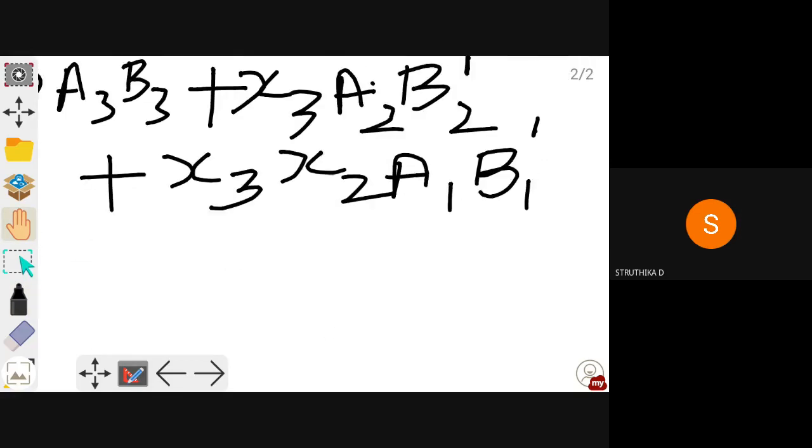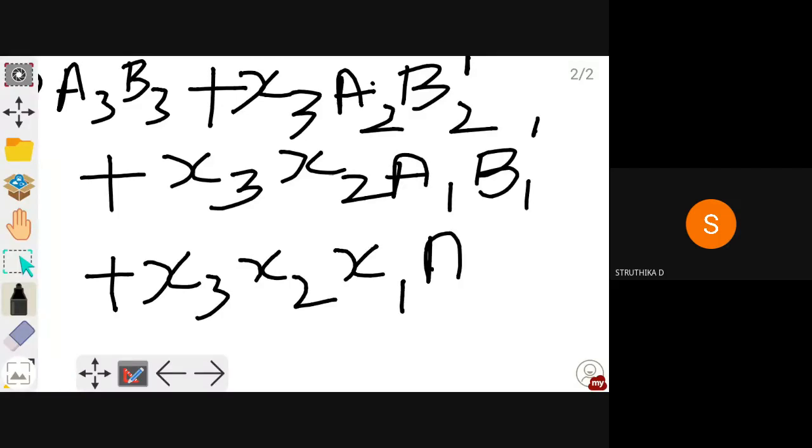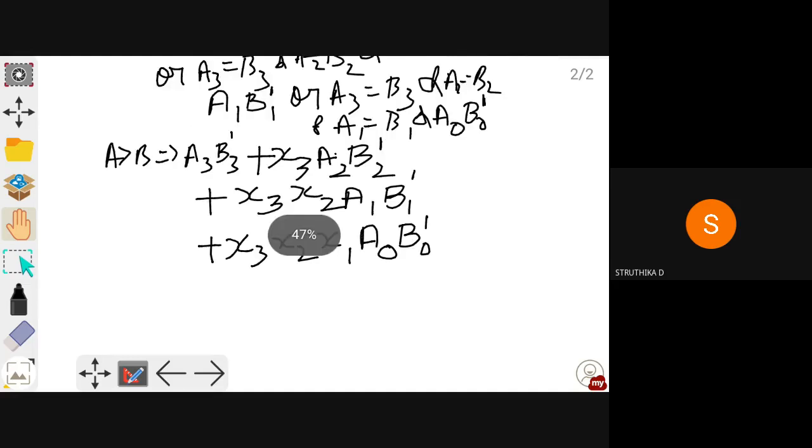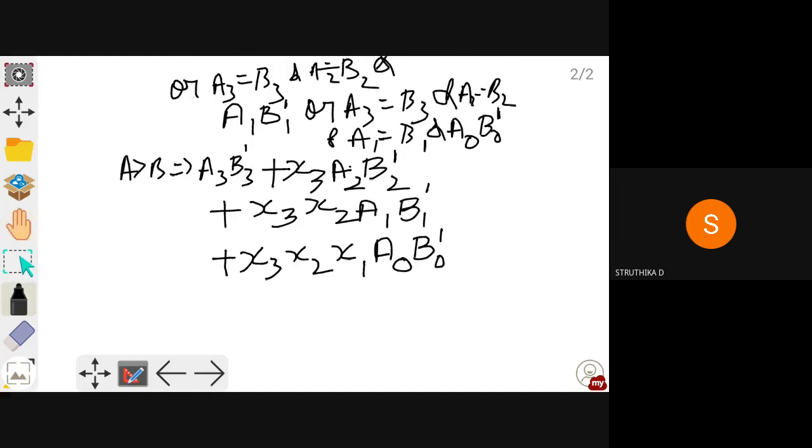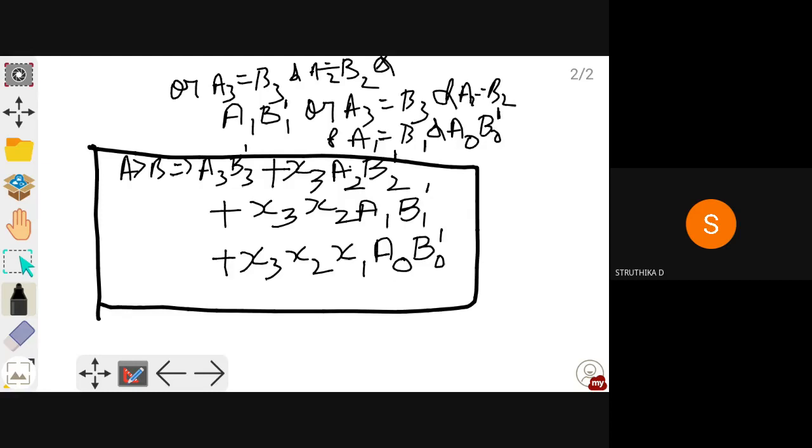And the last condition is A3 equal to B3 for x3, A2 equal to B2 for x2, A1 equal to B1 for x1, your A0 should be 1 and B0 should be 0. Is it clear? So this is the Boolean function for A greater than B. Is it clear?